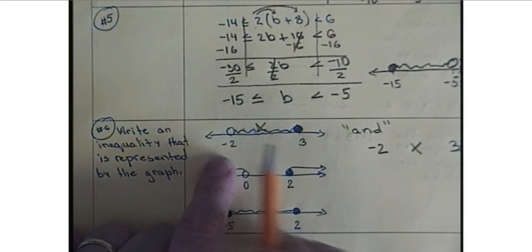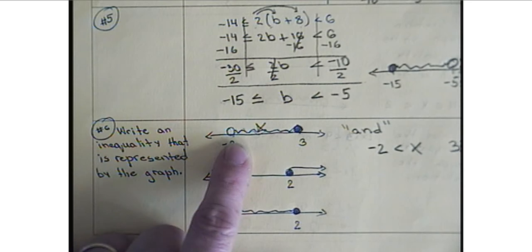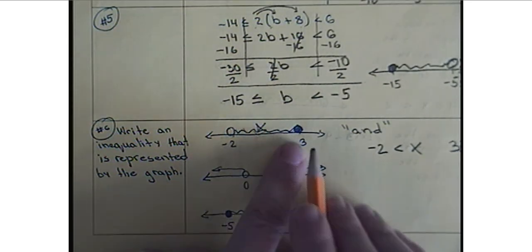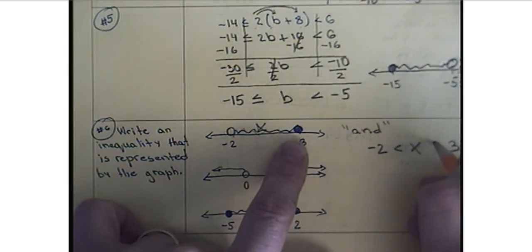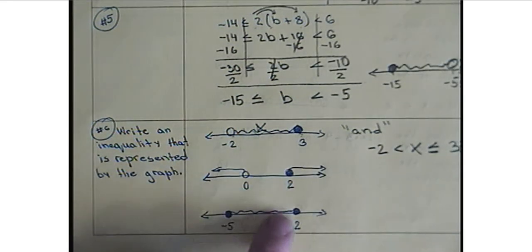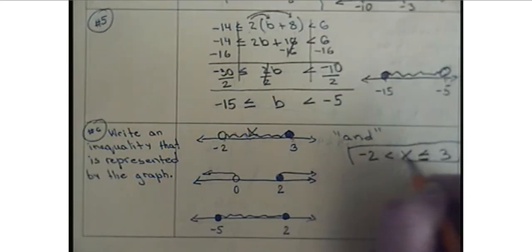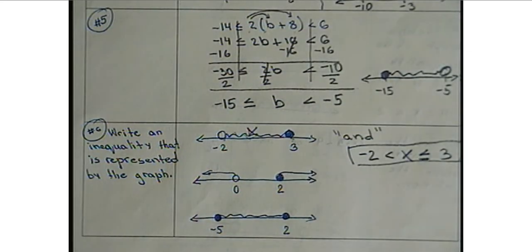So what do we have? We have an open circle, which means x is a little bit more than negative 2. And then we have a closed circle, so this will be again less or equal. So now x is a little bit below or equal to the number 3. And that will be the actual inequality solution based on this graph.